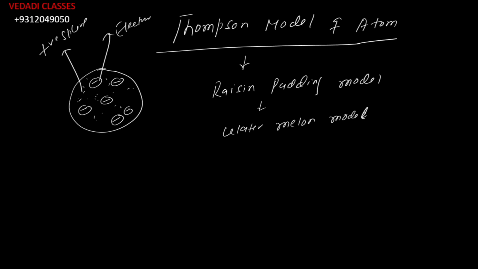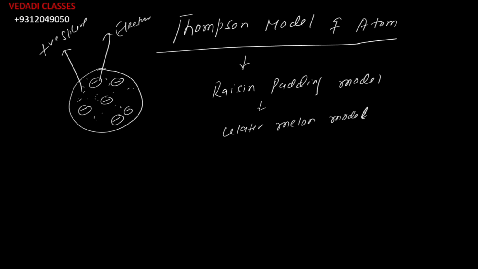So the electrons are submerged in the positive sphere of the pulp. So this model is compared to the watermelon, where seeds are embedded, or the raisin pudding model, where the raisins are embedded in a cake. So this is known as Thomson's model of atom.